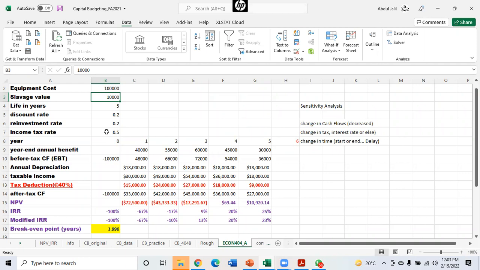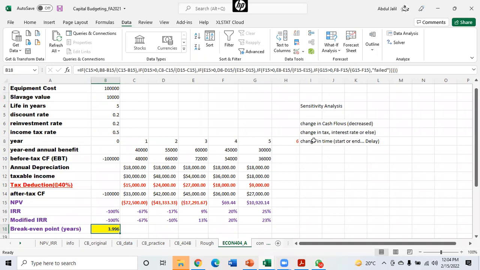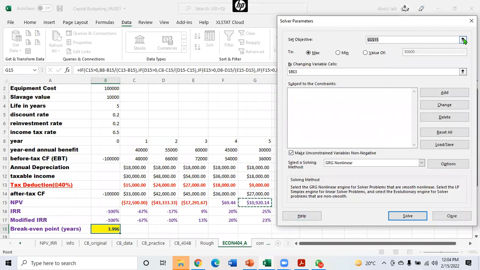Let's suppose income tax: how much income tax needs to be used. Let's suppose you want to get this break-even point and you want to create a connection with the income tax rate. How much income tax rate is needed if your break-even point is 2 years? Just like I'm applying this one. Solver is applied.